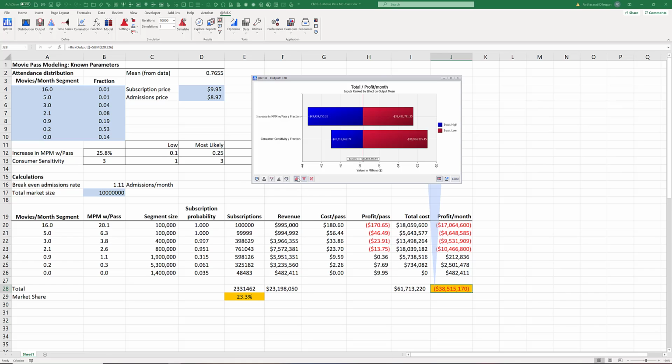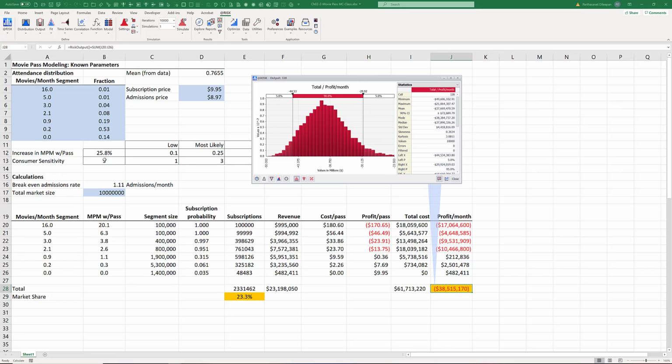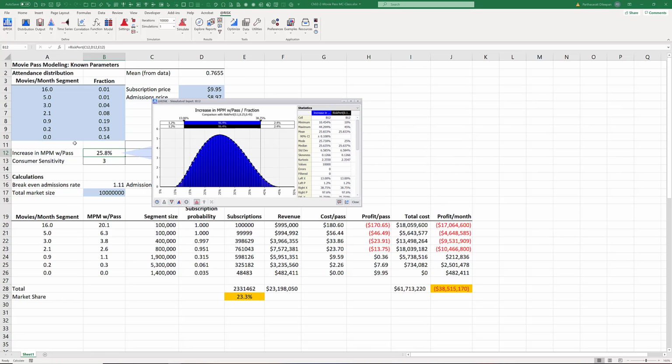Here the increase in movie going rate varied anywhere from 5% to close to 50%. As it changed from the low value to the high value, what happened to the profit that we were interested in? That's what is given here in the tornado.